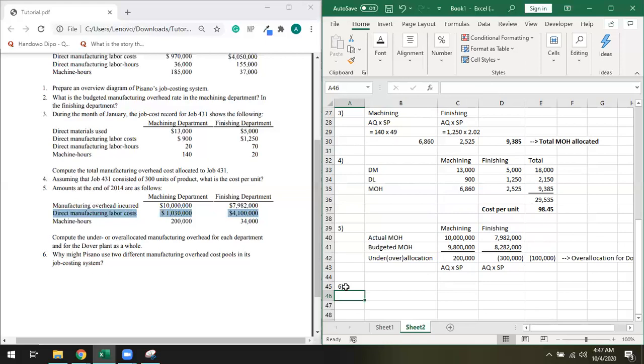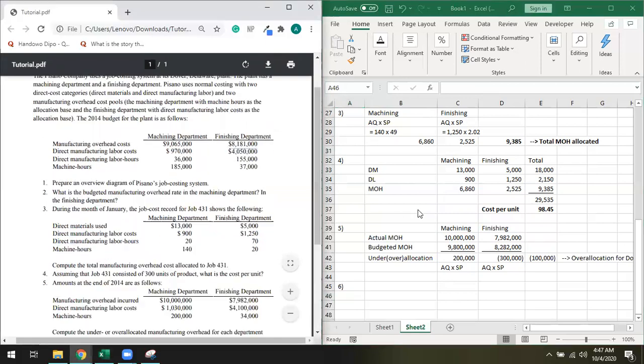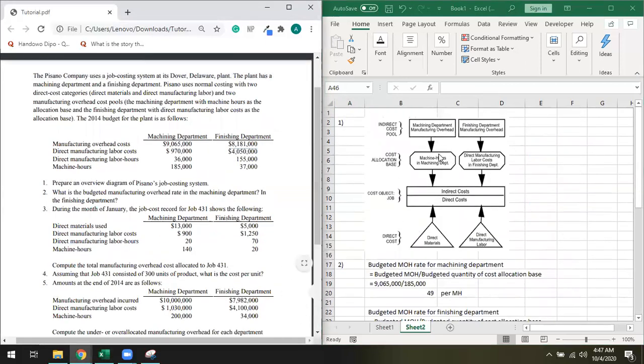For example, in Pisano Company, the machining department mainly used machine as its production process. So it's very logical to use machine hour as the cost allocation base to calculate the manufacturing overhead costs allocated.